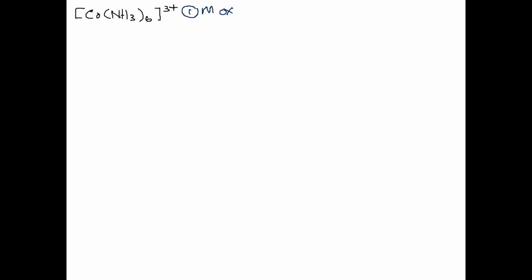So cobalt has atomic number 27. So when you write your electronic configuration, you will get 1s2, 2s2, and so on. Then you will get 4s2, 3d7.